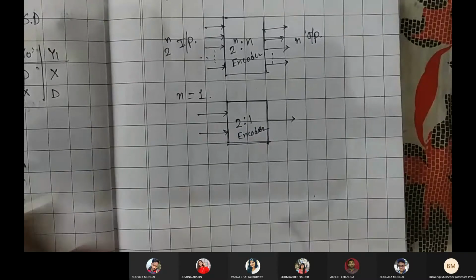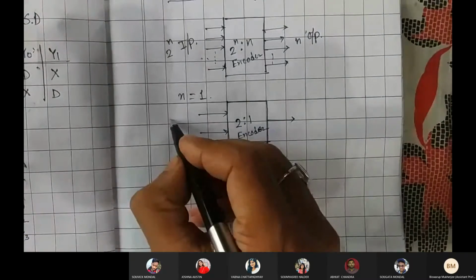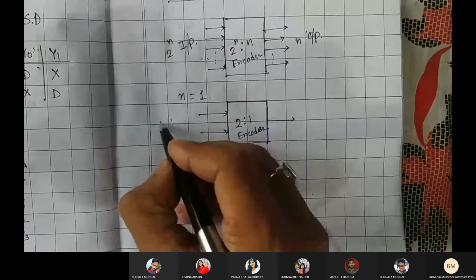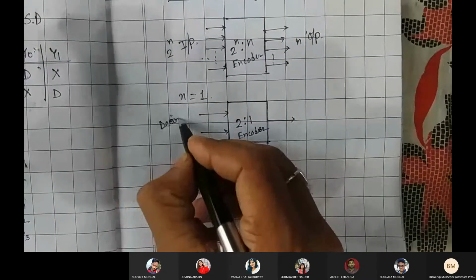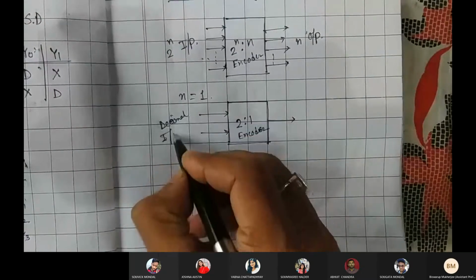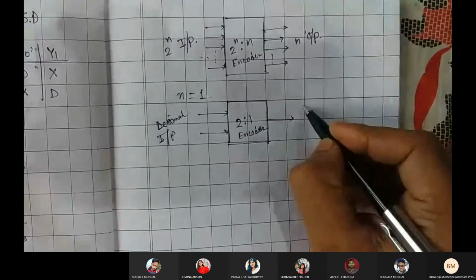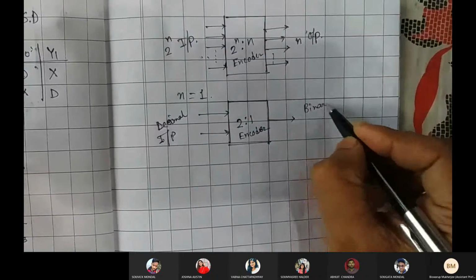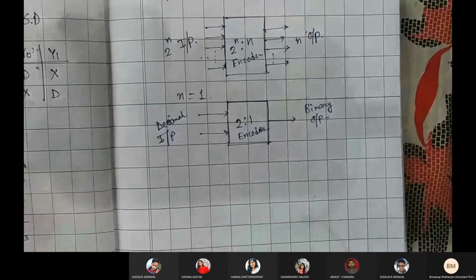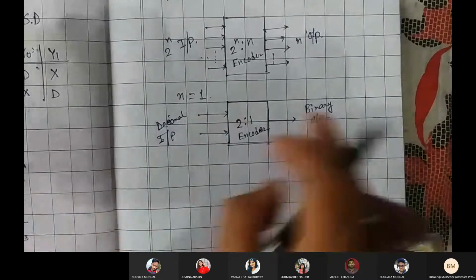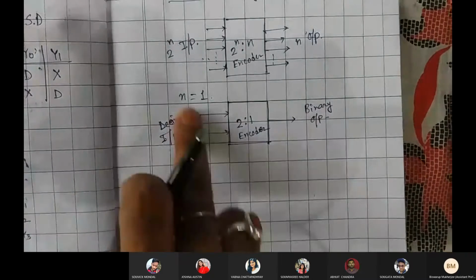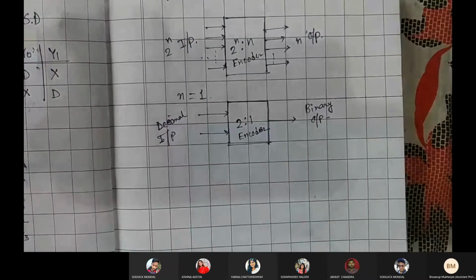Make sure that the 2 inputs are as per the decimal input, and we'll be having binary output. Something like this. But do not think that the decimal inputs are 1, 2, 3, 4, likely like this.